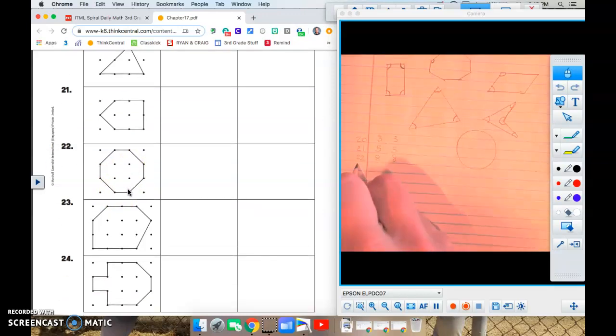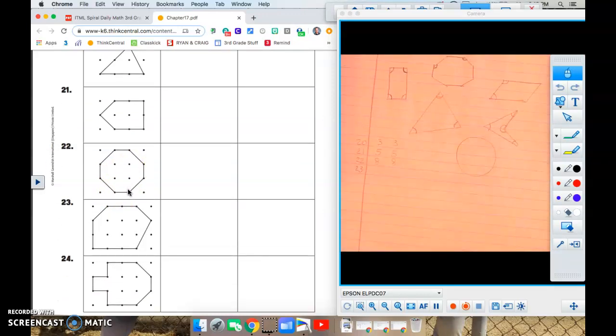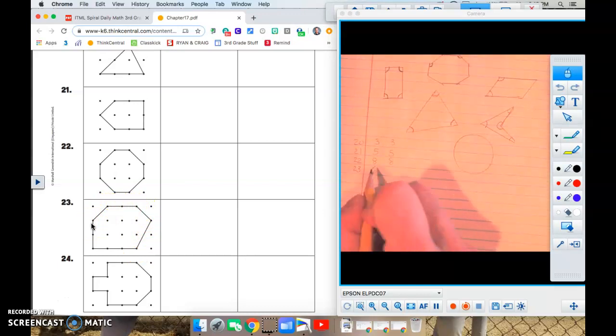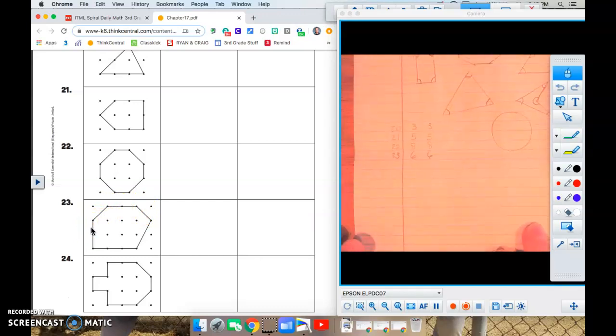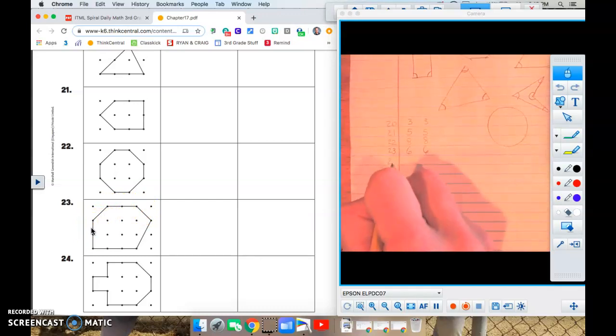So let's check number 23. 1, 2, 3, 4, 5, 6 sides. How many angles? 1, 2, 3, 4, 5, 6 angles. They match every single time over here so far, don't they?